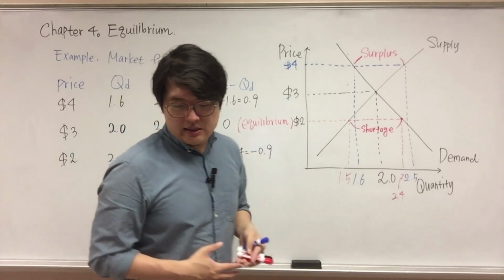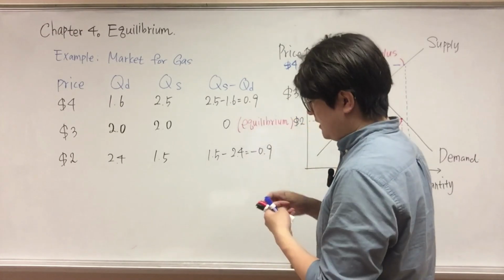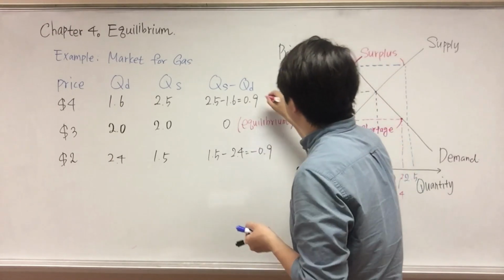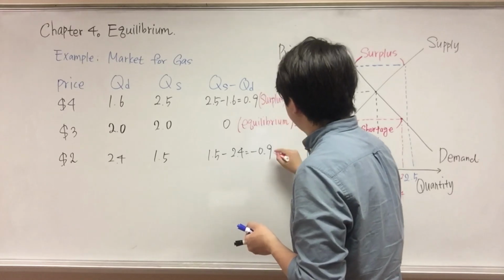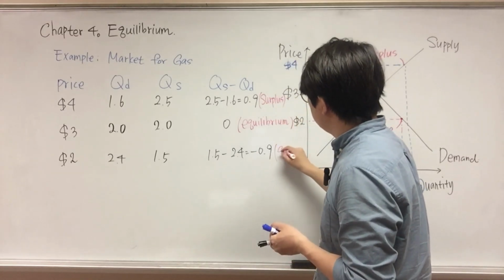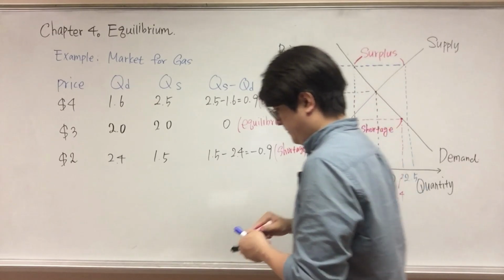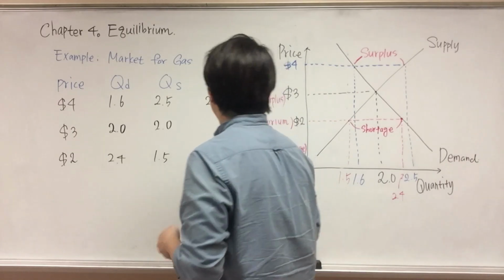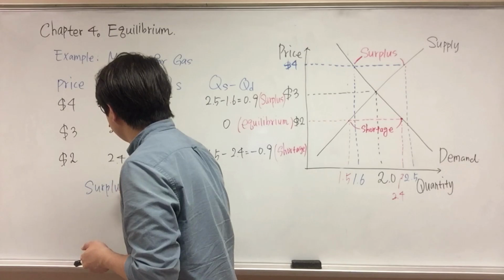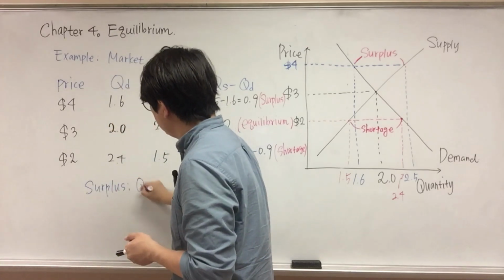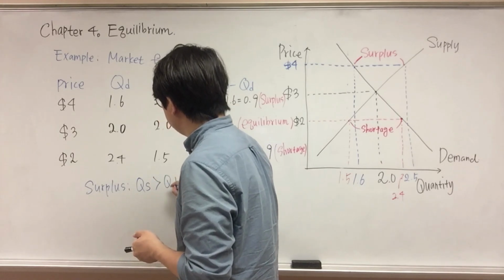Okay, so in order to summarize it, 0.9, what is that? It is surplus, and minus 0.9 is shortage. So in sum, a surplus happens if the quantity supplied is greater than quantity demanded.